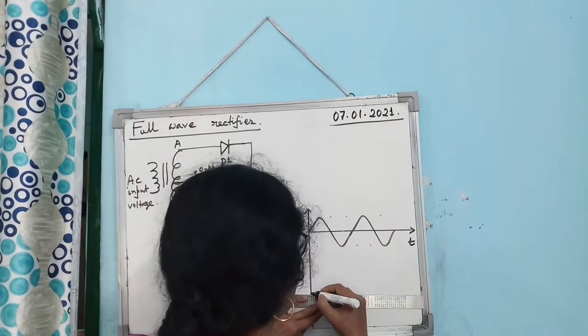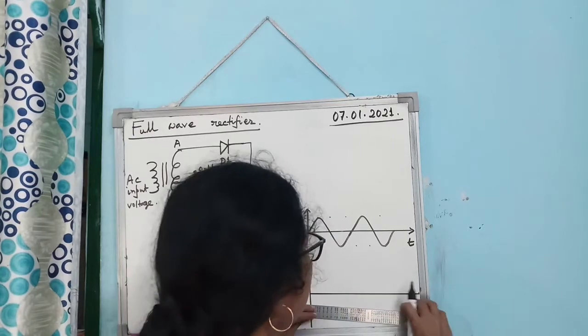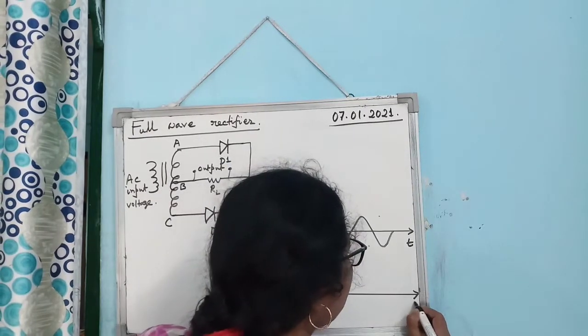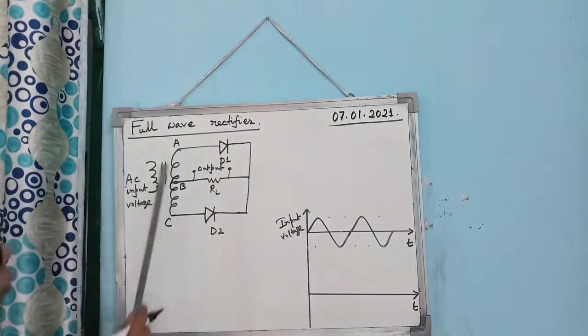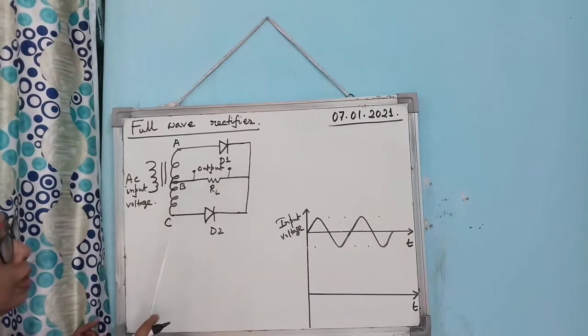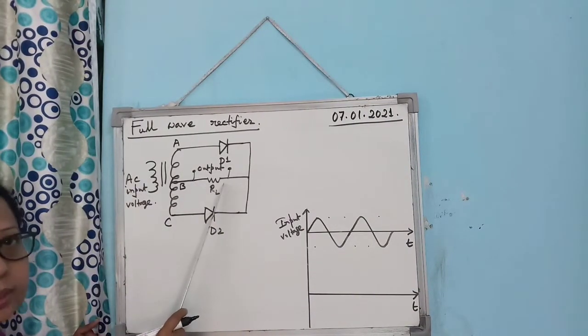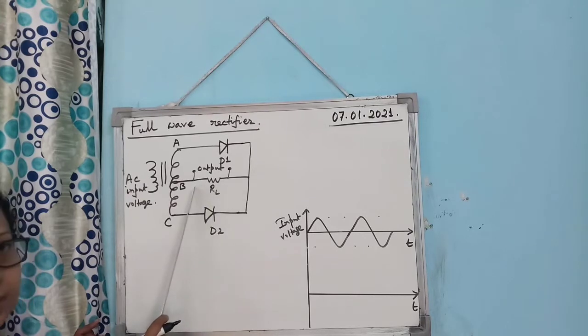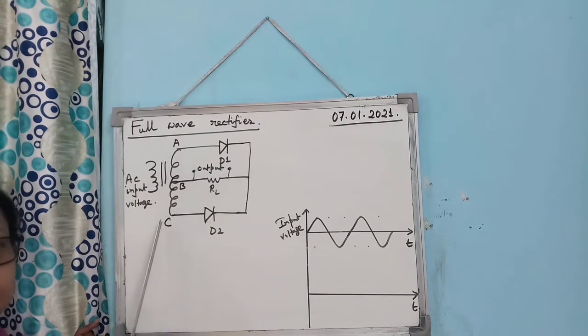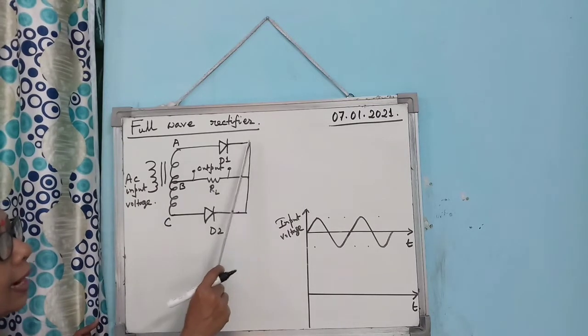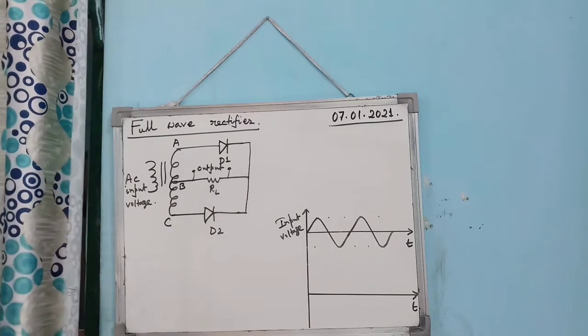That we will draw with the proper understanding of the circuit diagram. And in the circuit diagram, don't forget to mention where the output is measured. Output is measured across the load resistance. And the load resistance is connected across the midpoint of the secondary coil and the line joining the N regions of both the diodes.